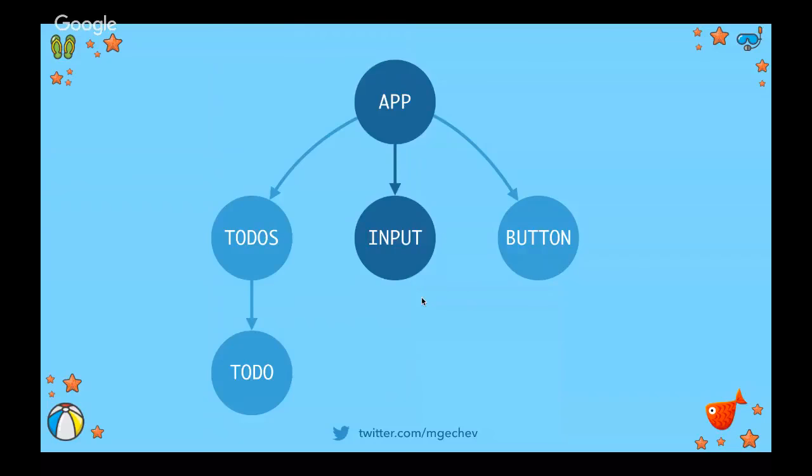After that, we're going to perform change detection into the input of the application, and after that into the button. Notice how we skipped the entire component subtree with root to those components. However, if we push an item into the items of the to-dos component, we're going to invoke the change detection manually there, and we're going to perform it into the component subtree. We're going to find out that we have a new item, and we're going to render it.